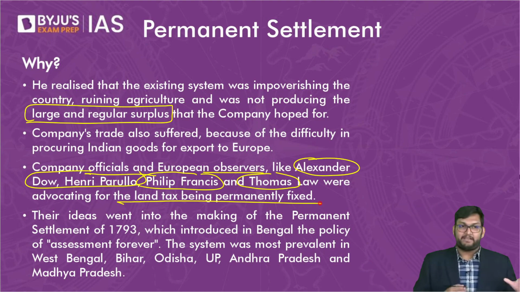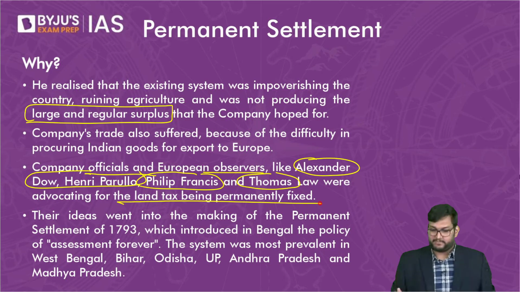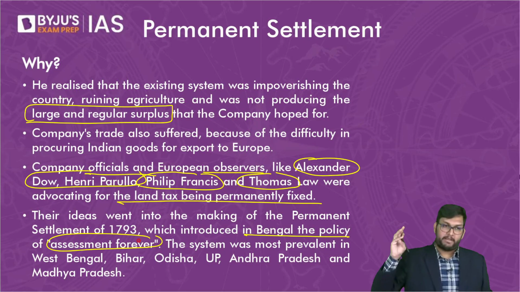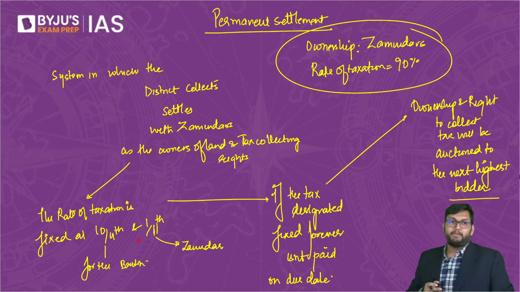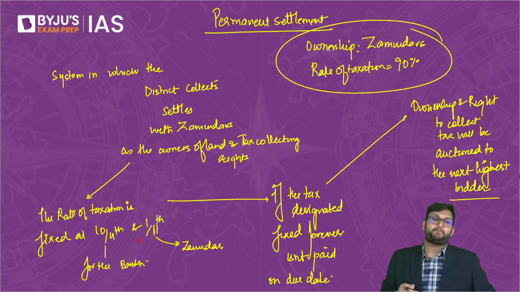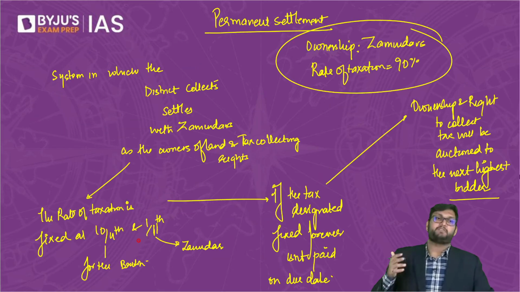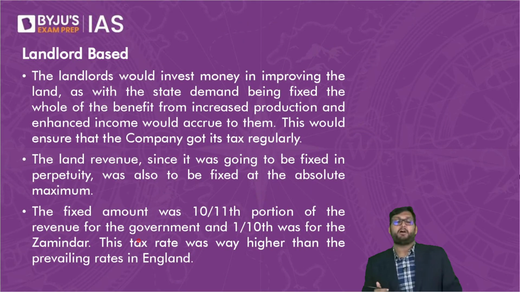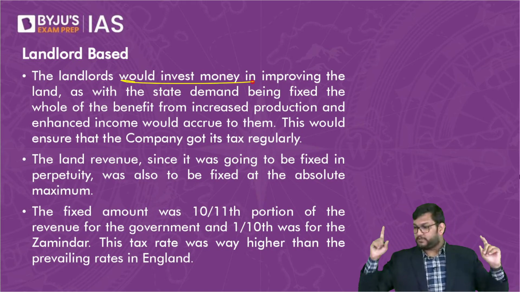This idea went into the making of what we call the 1793 permanent settlement, which was introduced in Bengal, which is called assessment forever. It was prevalent in Bengal, Bihar, Orissa, Andhra Pradesh and MP. Now the basic point was, yes, we have to go for 90%, 10%. But who do we take it out of? We take it out of the zamindars. Why? Because landlords would invest money theoretically. Listen to me.